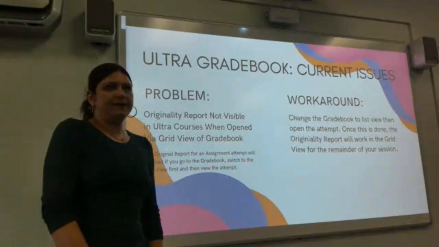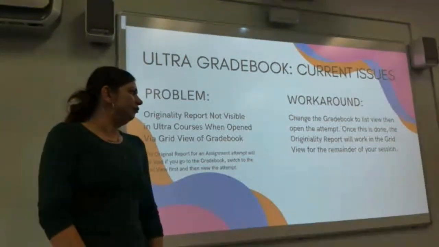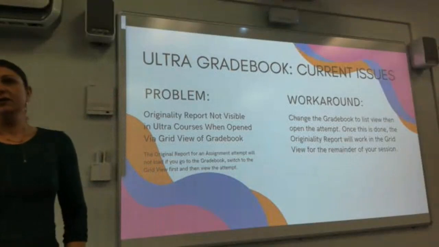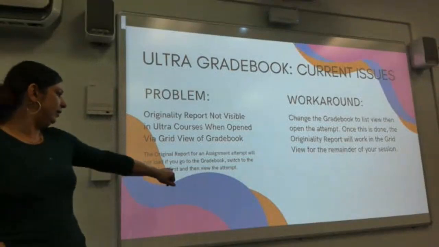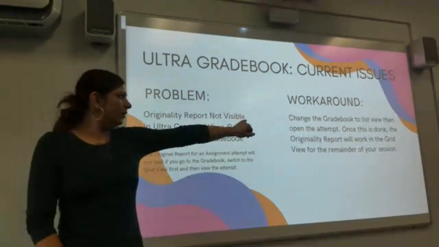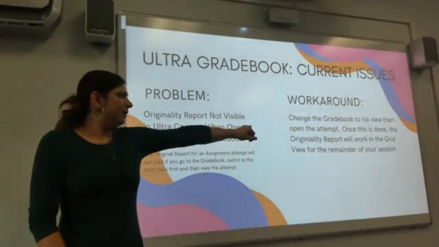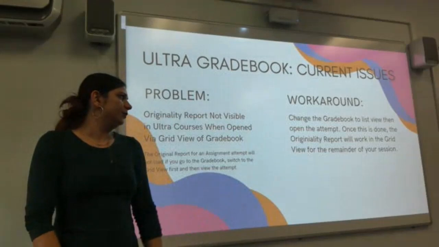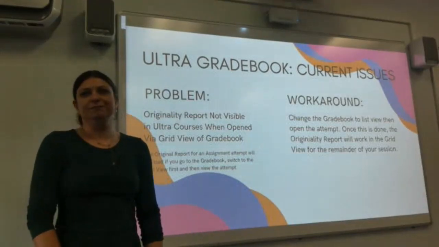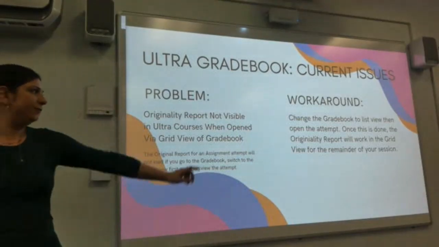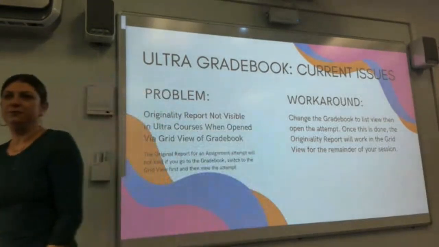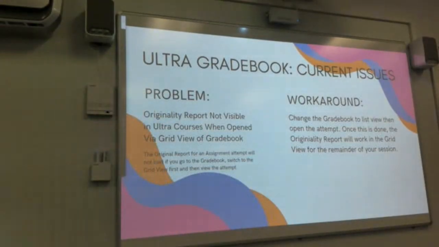So the fastest workaround currently is changing the gradebook from grid view to list view and then opening the attempt, then the originality report will work in grid view. But first you have to open it in list view. It's one of the most annoying glitches currently.